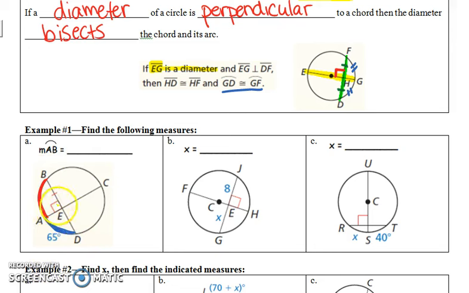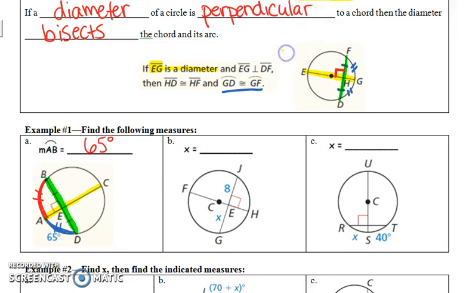So we can assume that AC will be our diameter in this case, and BD is our chord that's being bisected. Now remember, not only is the chord bisected, but the arc is bisected. So if arc AD is 65 degrees, that means that arc AB will be congruent to that arc, and the measure of arc AB will also be 65 degrees.